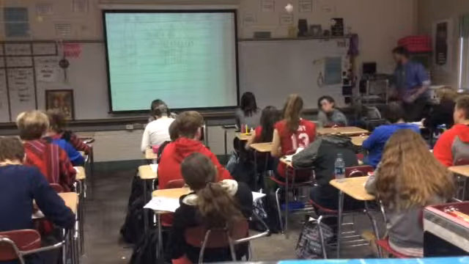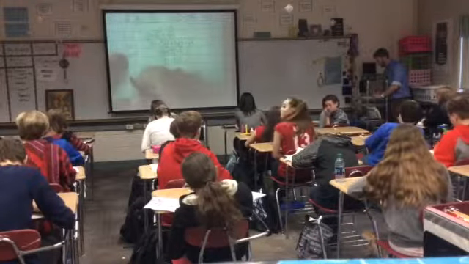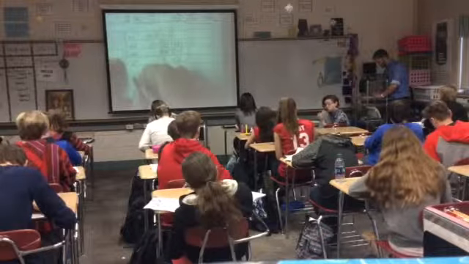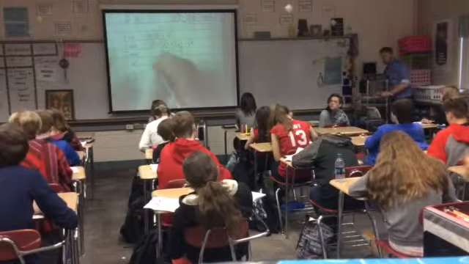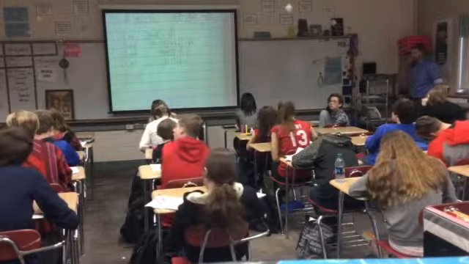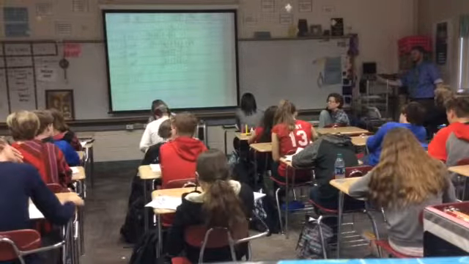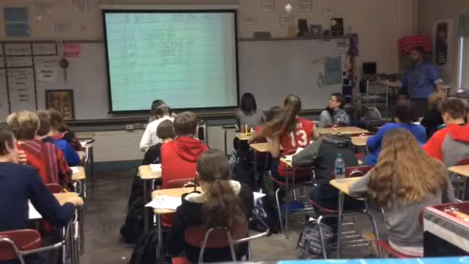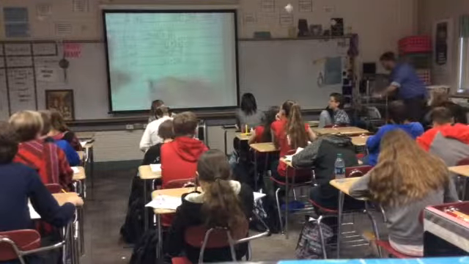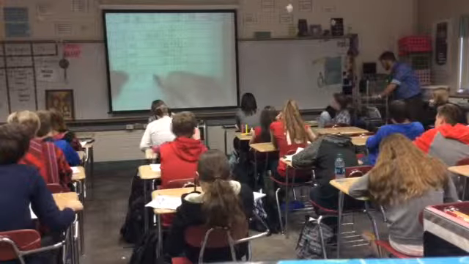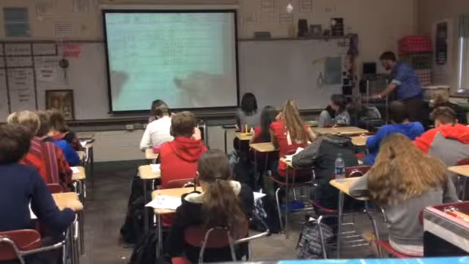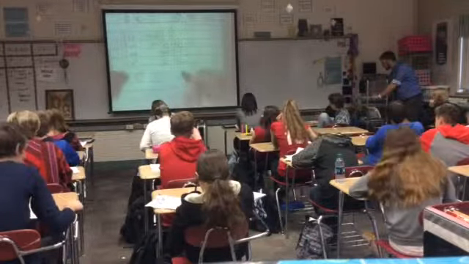Let's try one more. Let's say we had 9 plus the square root of 2, that quantity squared. Good, Tylee. We can go ahead and put 9 plus the square root of 2 times 9 plus the square root of 2.